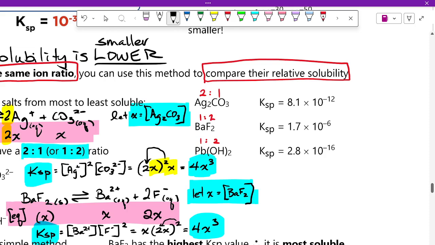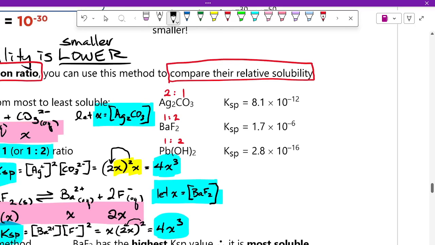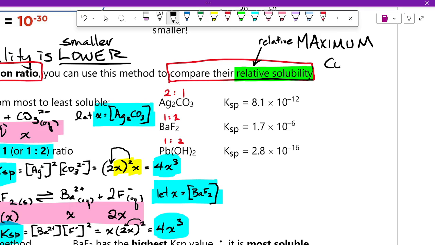Now relative solubility, actually we should make sure we have this defined. Their relative solubility is their relative maximum concentration. Solubility is maximum concentration.